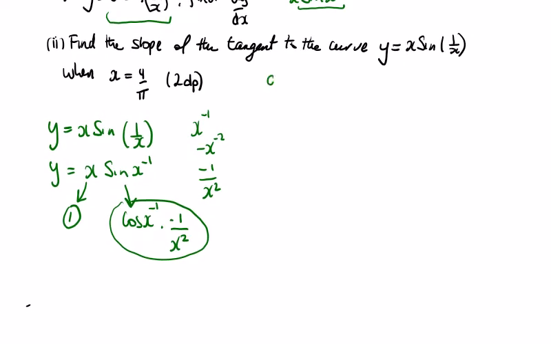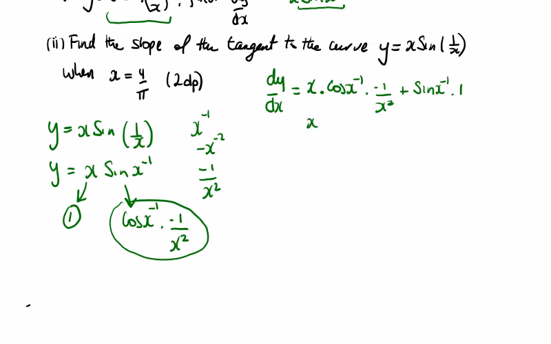So now let's do dy/dx. The first, x, by the second differentiated, which is cos x to the minus 1, times minus 1 over x squared. That's the first by the second, plus the second, sine x to the minus 1, by the first differentiated, which is just 1. Okay, let's tidy this up.